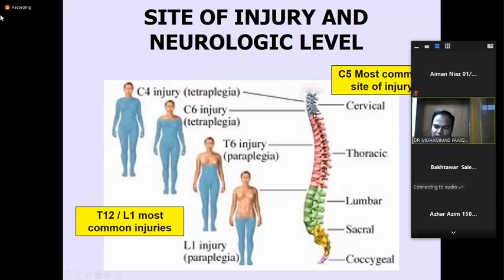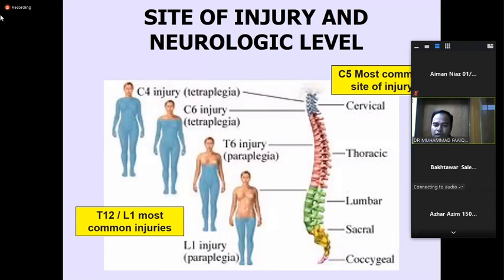The important levels of spinal cord injury are the cervicothoracic junction and the thoracolumbar junction, because one segment is mobile and the other is rigid. These are the two important regions where the patient may have spinal cord injury.